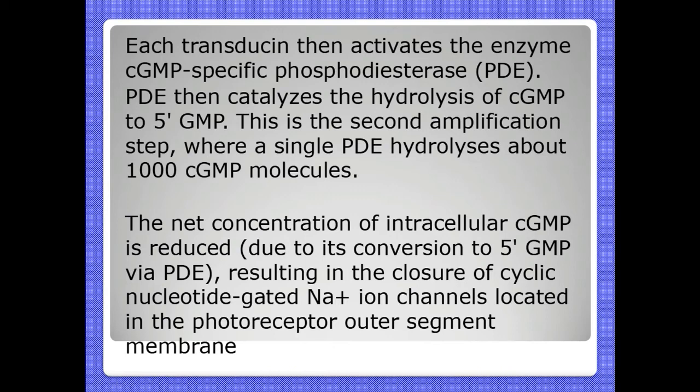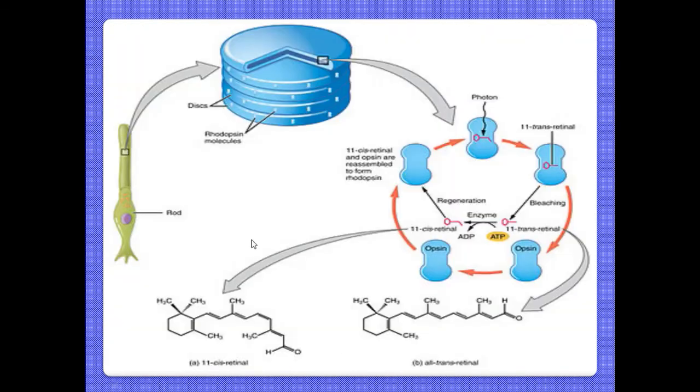That mechanism is here in the picture. This is the rod cell. Light comes from here and goes to the outer segment where the photopigment rhodopsin is activated. This is the enlarged portion of the outer segment. You have discs here, and inside the discs you have pigments, rhodopsin molecules.